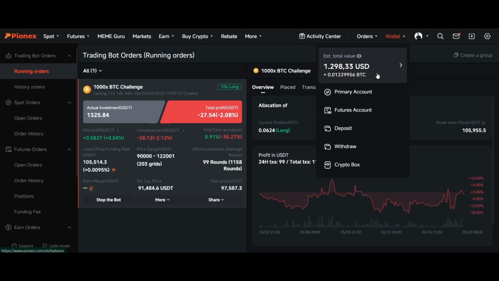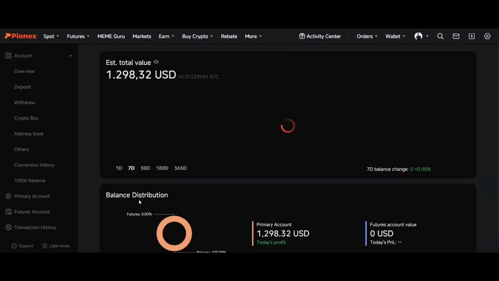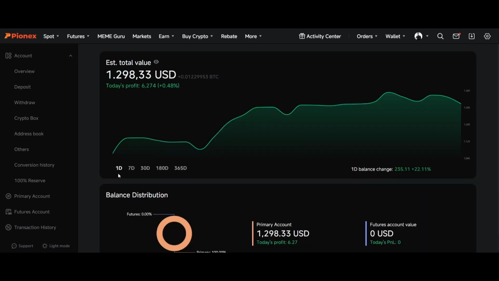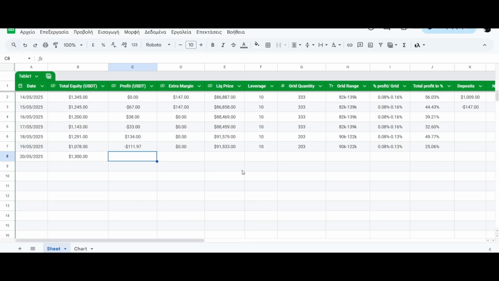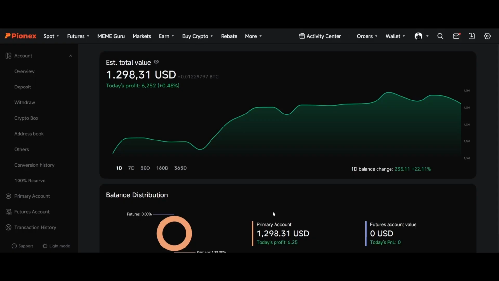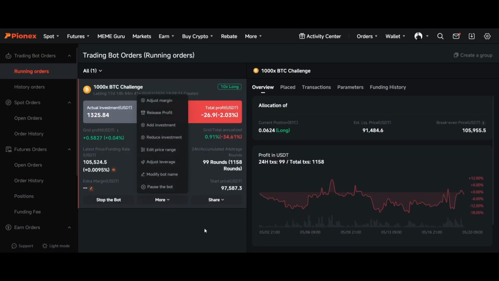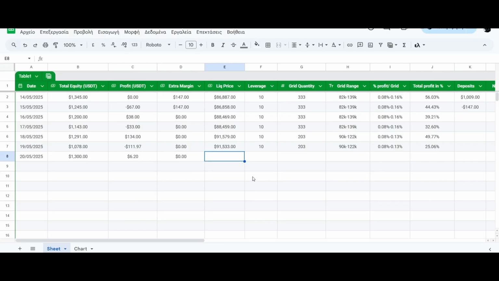We have $6 profit, 6.2. That is the same. Liquidation price is at 91,484. Leverage the same, grid quantity the same. This one is the same.